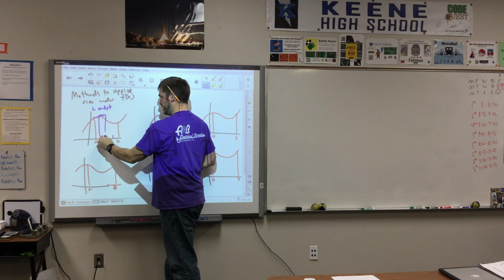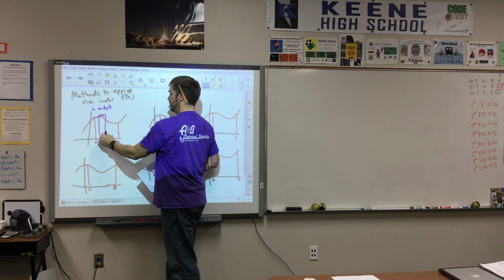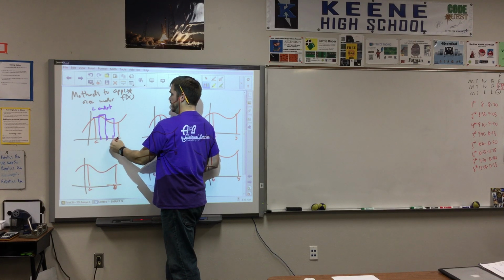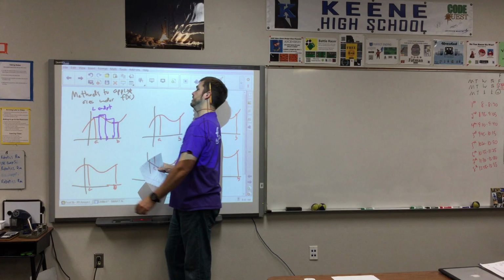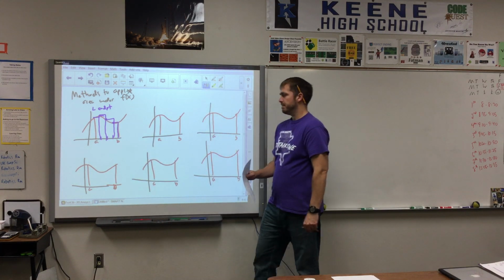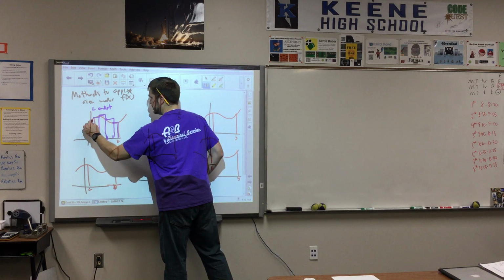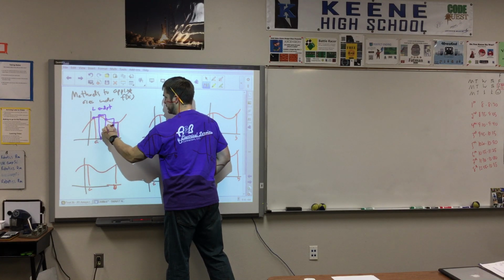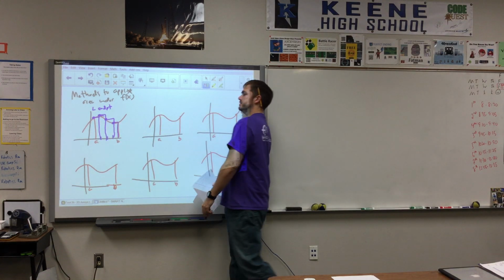And then I go across like that. So the left endpoint hits the function, and then go across, and I'll do the same for each of the remaining rectangles.